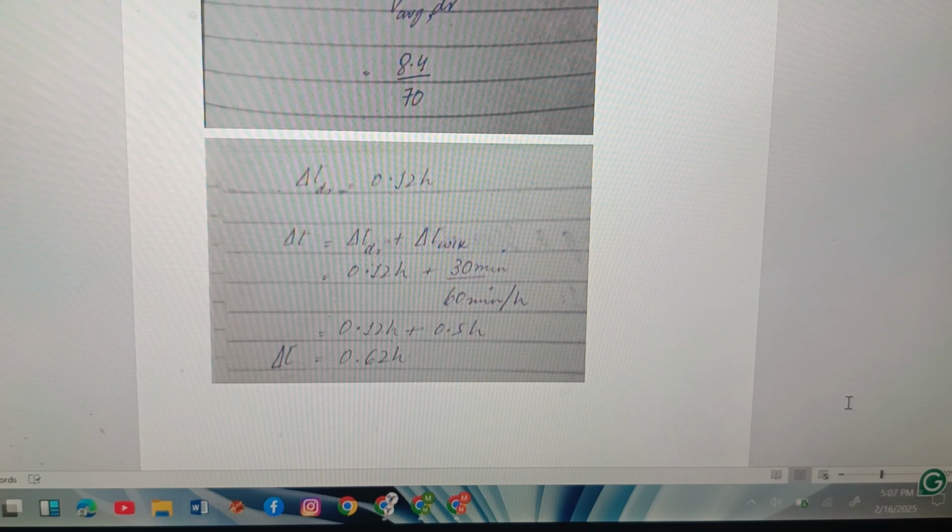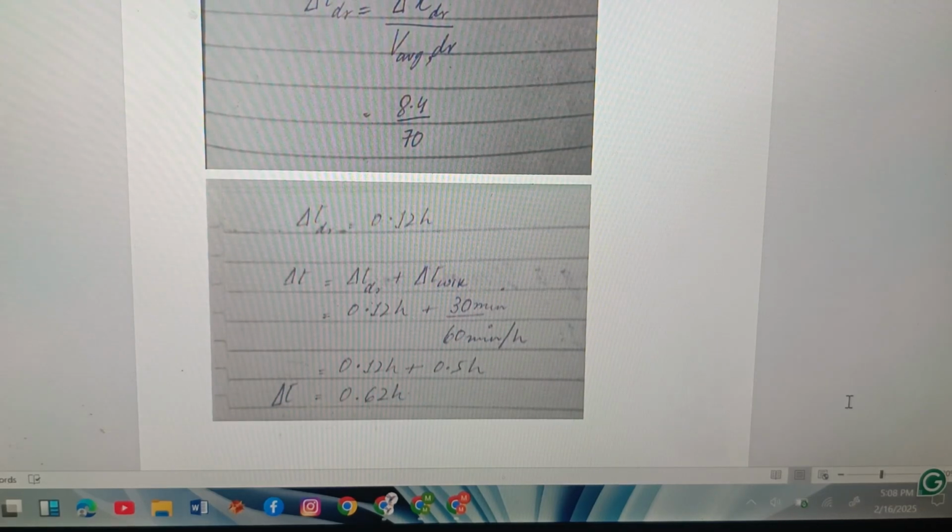Now, after driving, when the truck runs out of gasoline, we walk for 2 kilometers. To calculate that, as you can see, I have written the total formula: del t will be equal to del t of driving plus del t of walk.